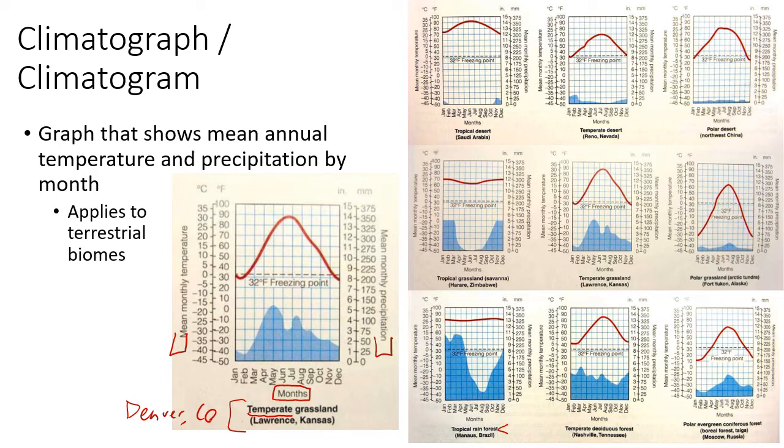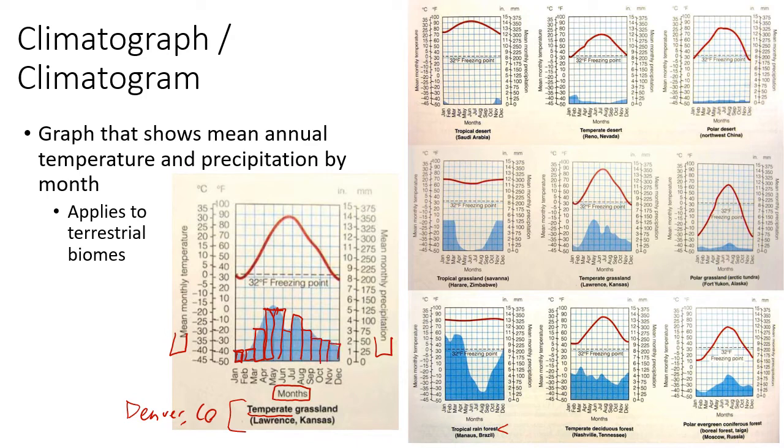For the precipitation, we're looking at how much precipitation there is. You'll often see precipitation as a bar graph, a histogram, rather than the shaded-in looking graph, but it's showing the same thing.